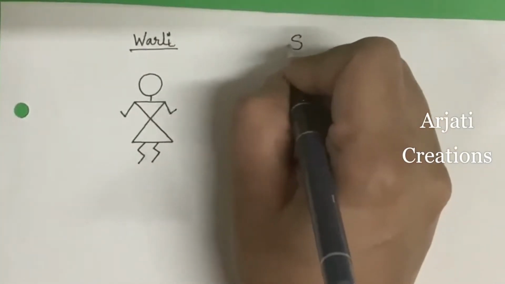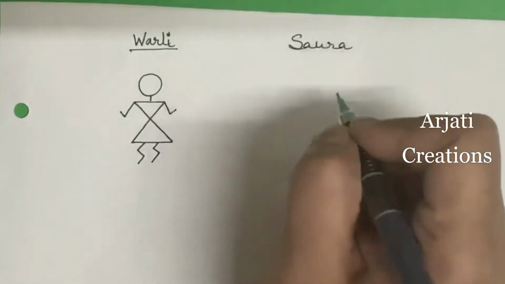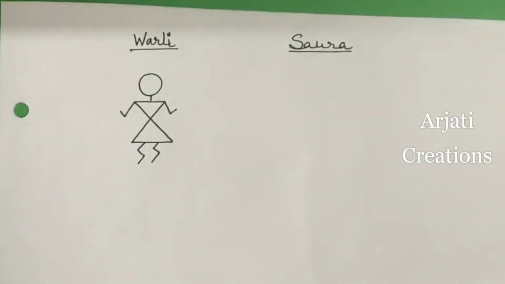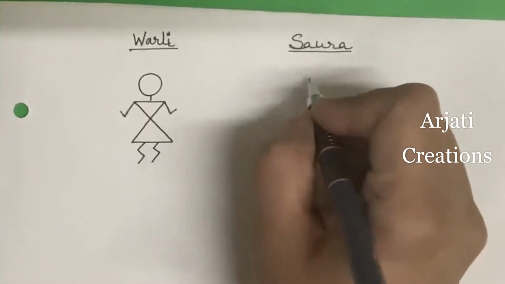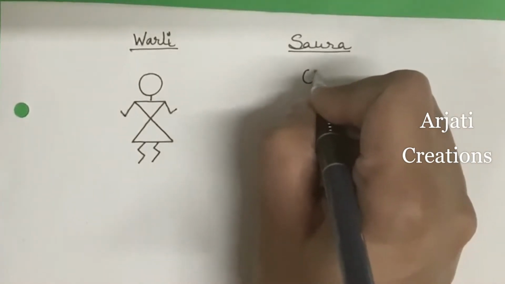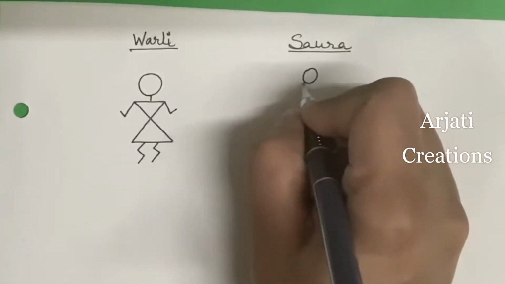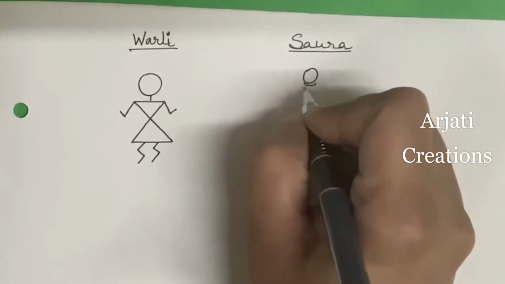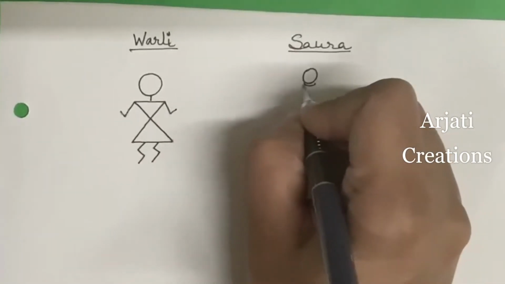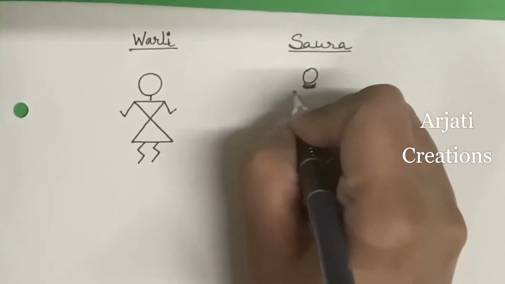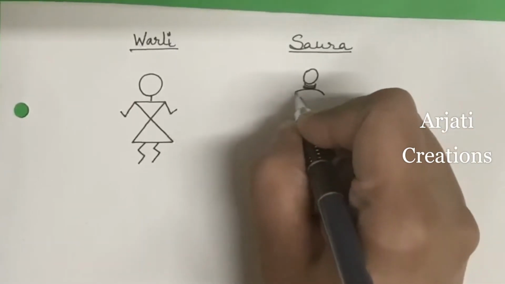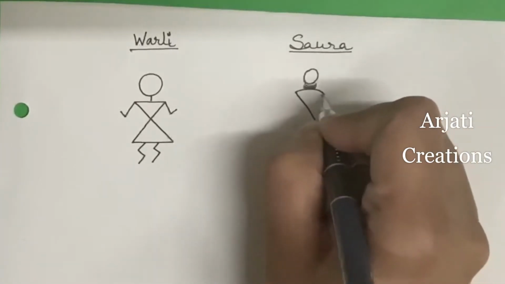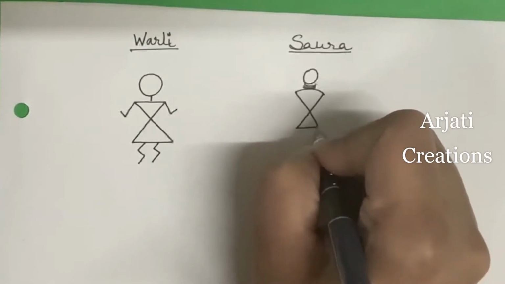Now, in Sora art, the figures are less angular because the heads are circular again. Usually a neck is made, so the neck is not a straight line, generally 2 to 3 lines are made. The upper body is not a complete triangle, it has a curve attached to it.